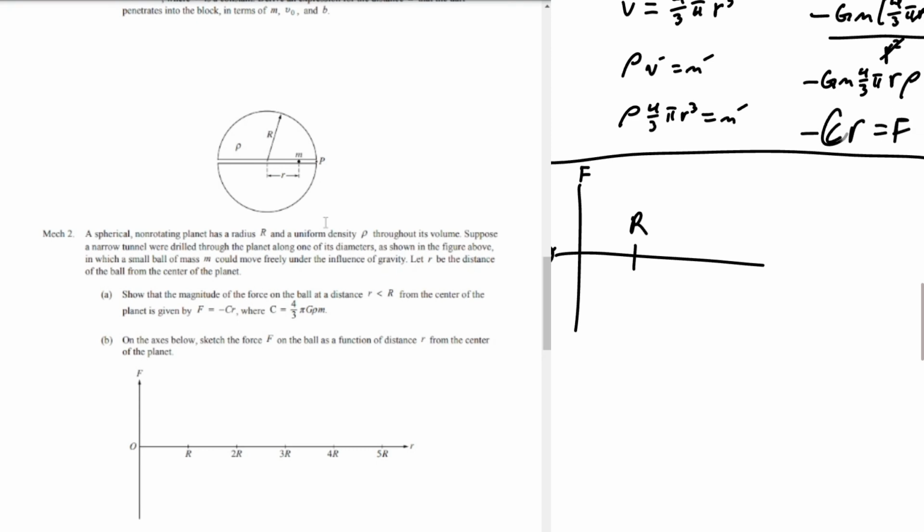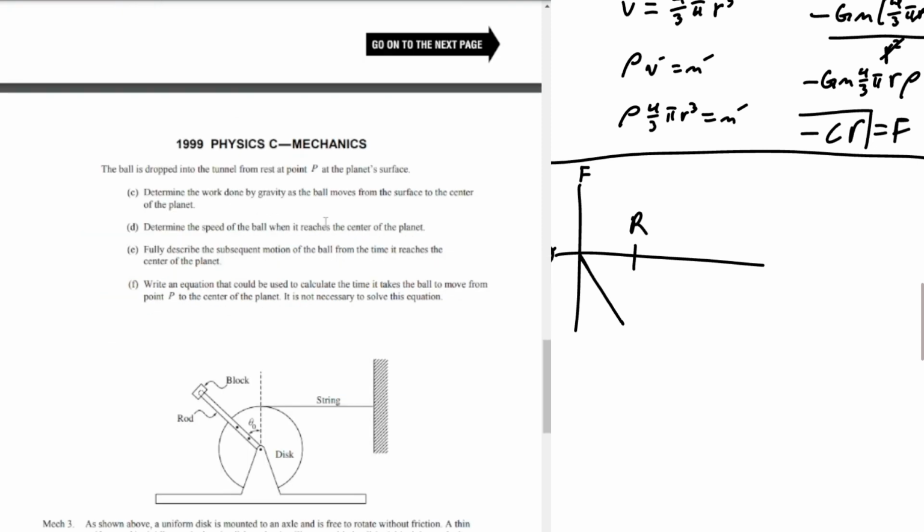So understanding that this is a linear relationship where C is a constant, right? 4/3 is a constant, pi is a constant, G is a constant, rho and m are constants. So this is a linear relationship that's decreasing, and all you have to do from 0 to R is draw like that, right? Because for r less than R, it's only going to be a linear relationship, and from that point on, the r squared effect is starting to kick in, right?